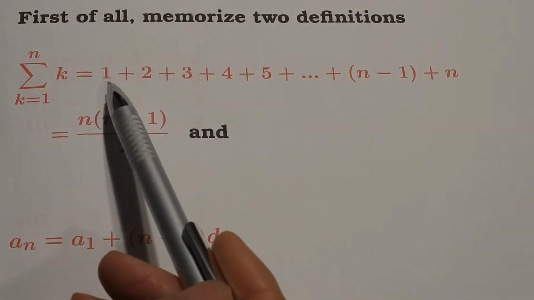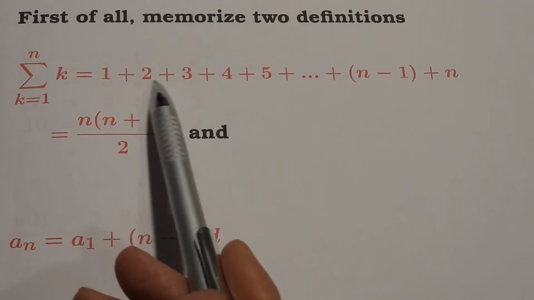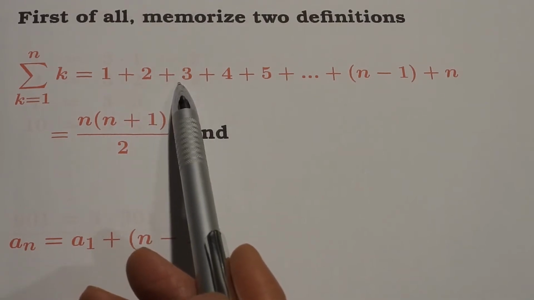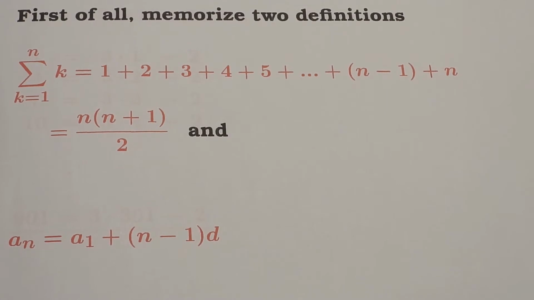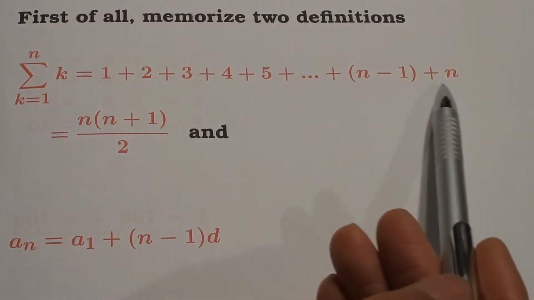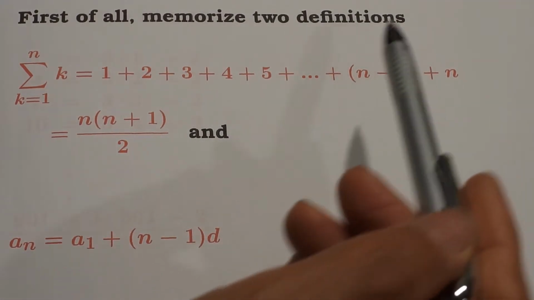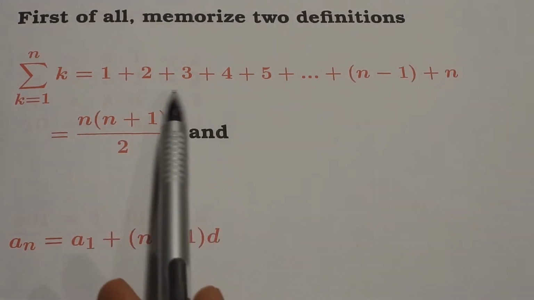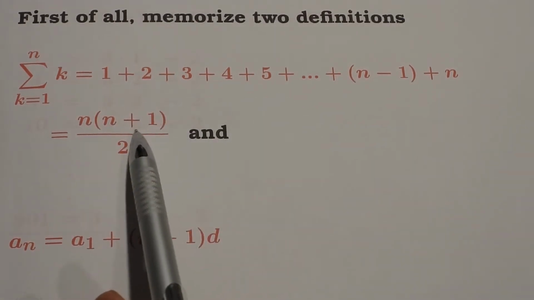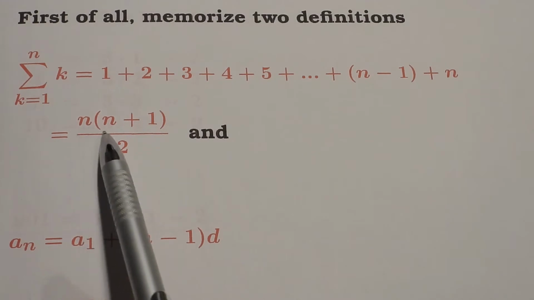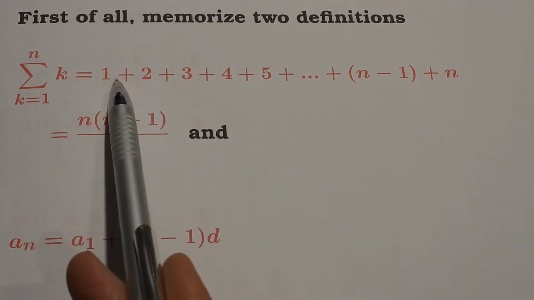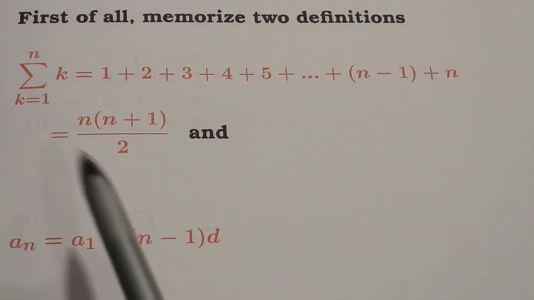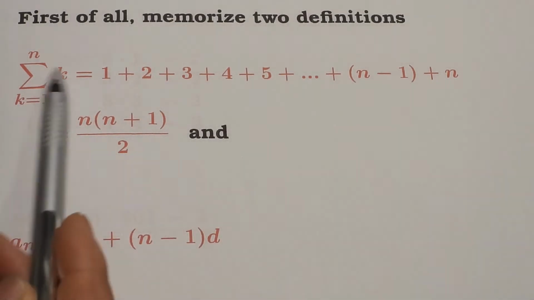So if you expand this one, it will be 1 plus 2 plus 3 plus 4 plus 5, all the way up to n. And then for this formula you can use n times n plus 1 divided by 2 to get the sum of these long values. Okay, the sigma notation.